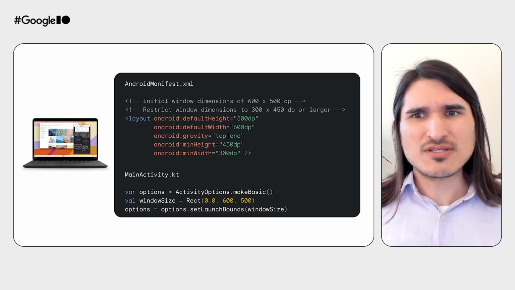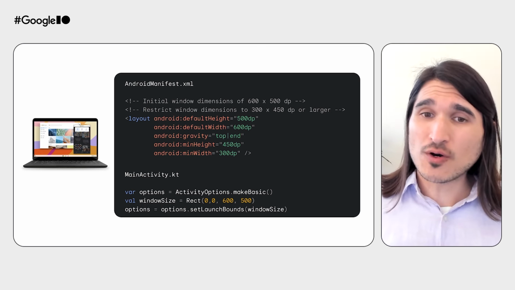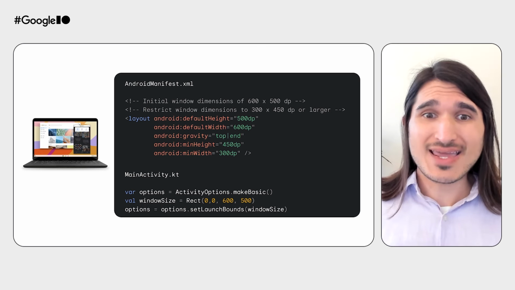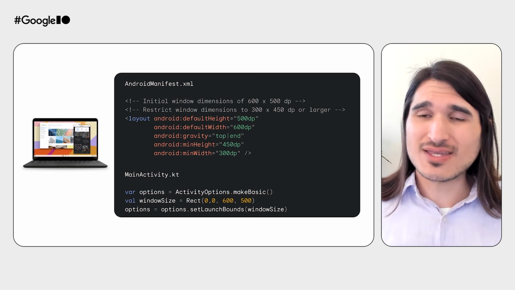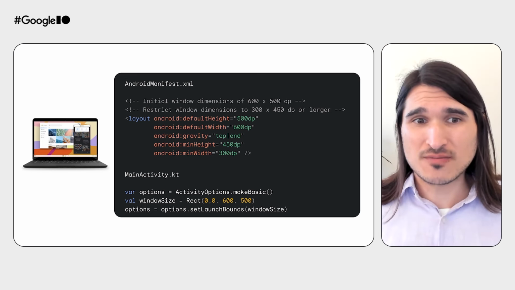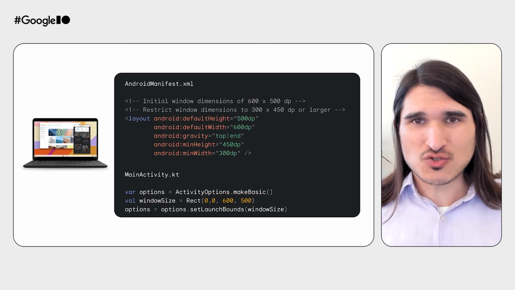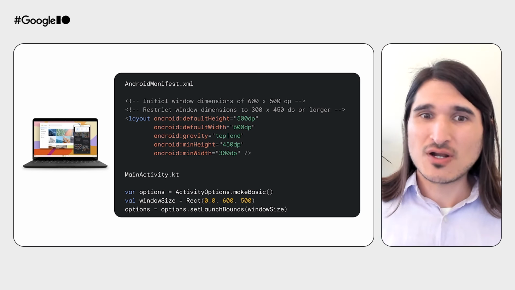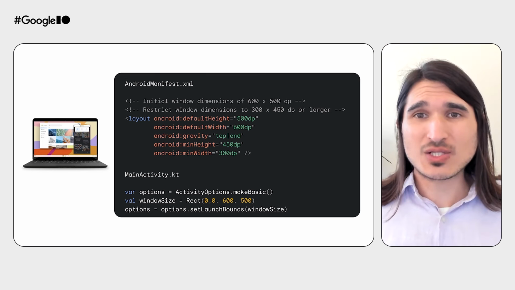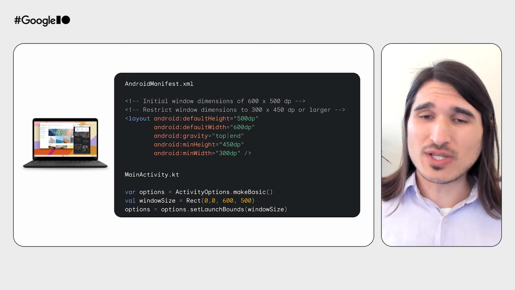Either declare the default layout to control the initial window launch dimensions, or set the minimum width and height to prevent your players from resizing the game window into dimensions you don't support. Set the gravity attribute to determine where on the screen the window appears when launched. Alternatively, use dynamic launch bounds to set the starting window dimensions.